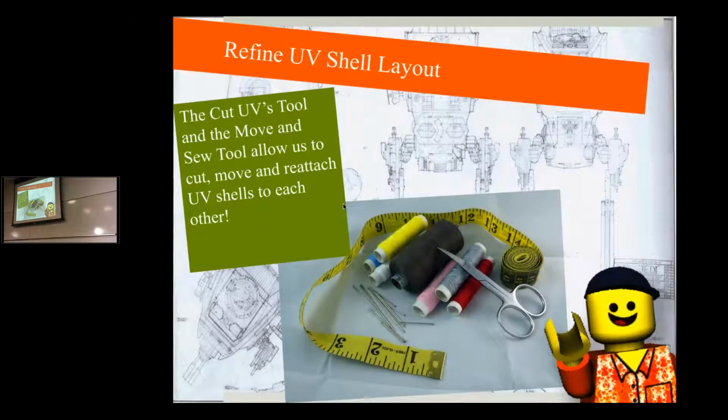Now, as I said, one of the things we're going to talk about in refining UV layout is the use of 2 tools, the Cut UVs tool and the Move and Sew tool, which allow us to cut the UV shells where we need to, and we can literally sew them together in an effort to remove the seams that are generated.